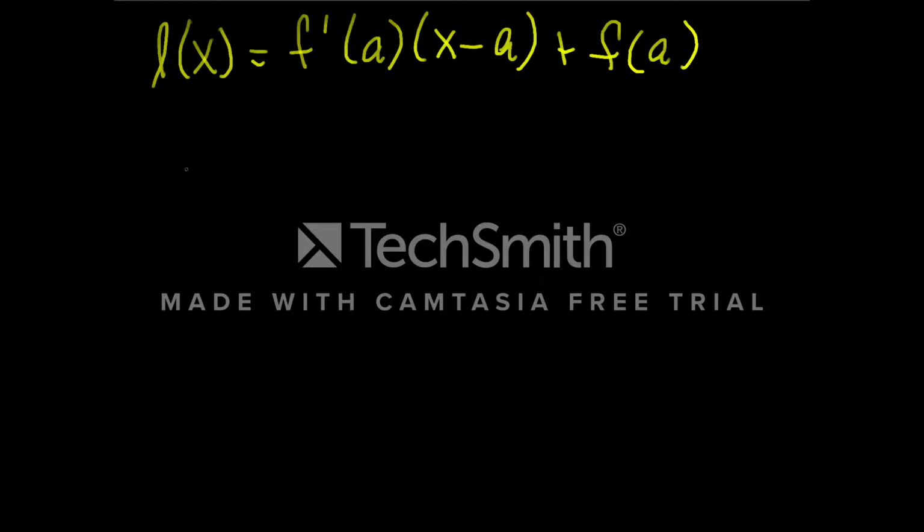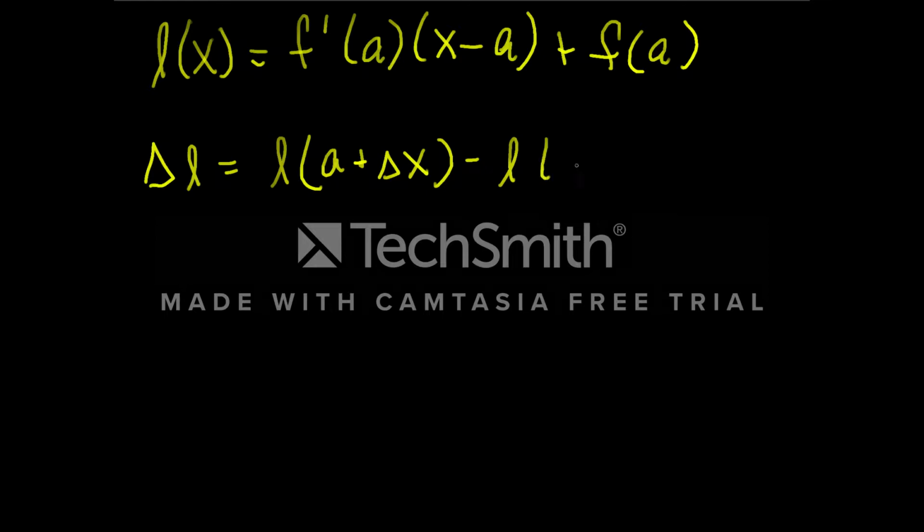So if we want to know the change in L, the change in L is L of a plus delta x minus L of a. I'm going to put a plus delta x in right there. So this would be f prime of a times a plus delta x minus a, plus f of a.